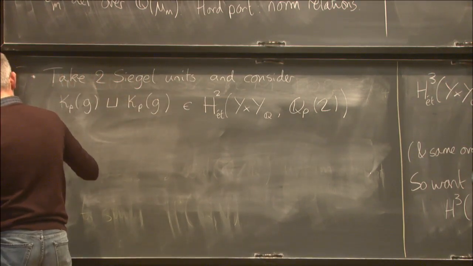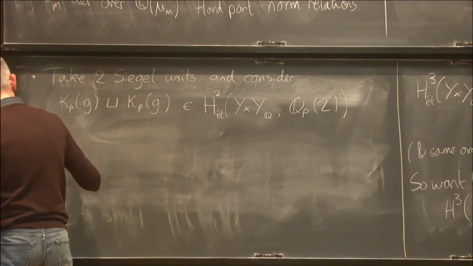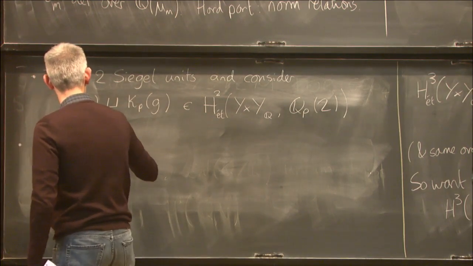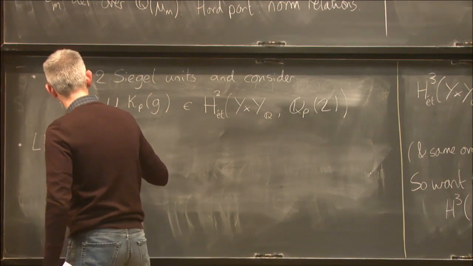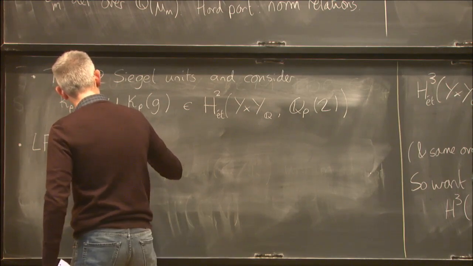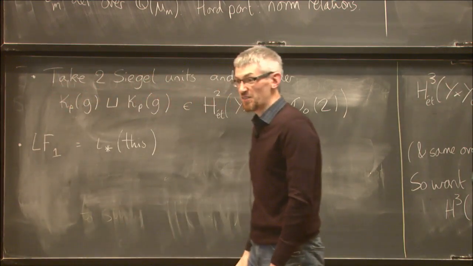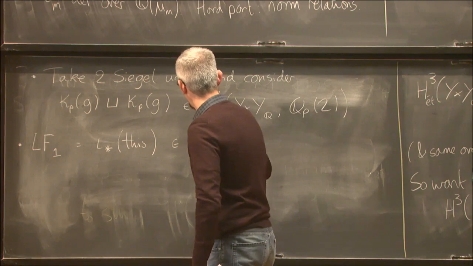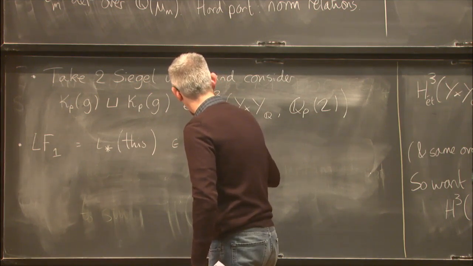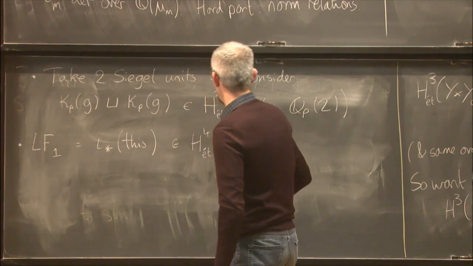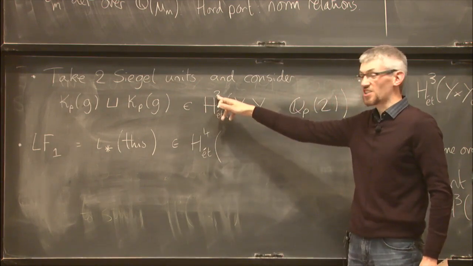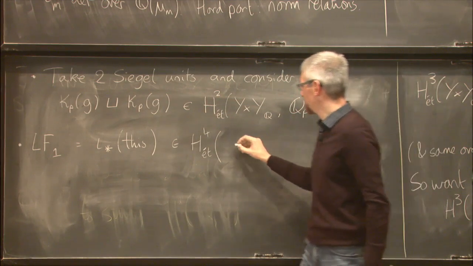And then we're going to define the first Lemma-Flach element to be iota lower star of this guy. And where are we landing? Again, iota has codimension 1, so this goes up by 2, and this goes up by 1.